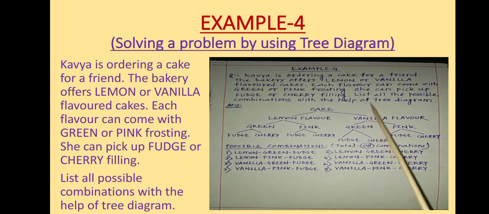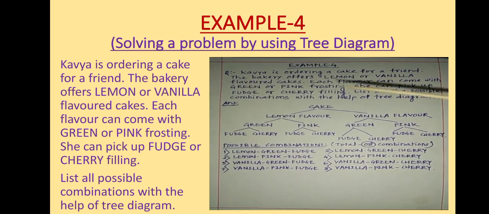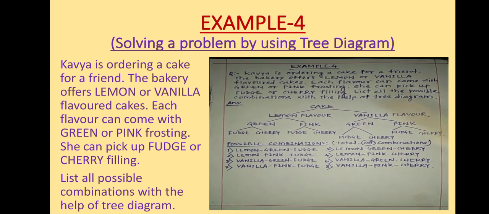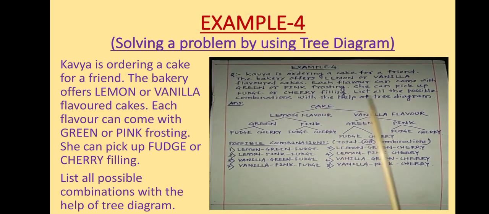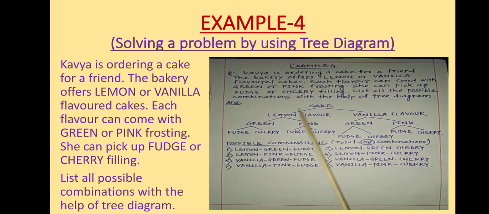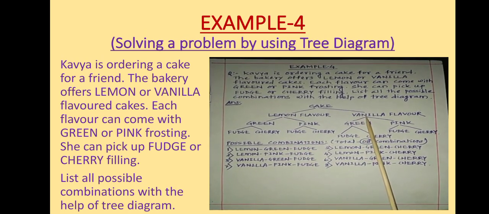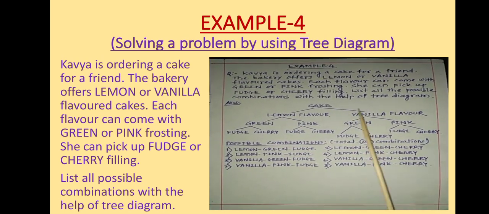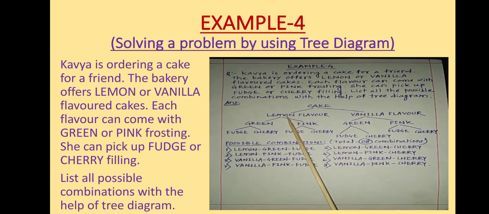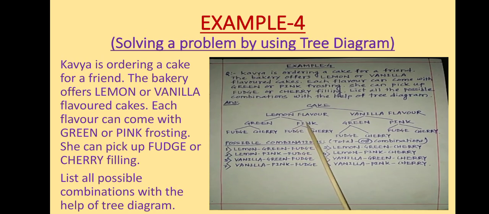Now when you solve this type of problem, I suggest that at least twice you go through the question. And then first of all you list all the conditions given, like we did in this tree diagram. So below cake, first of all you write down the flavors available, lemon and vanilla.